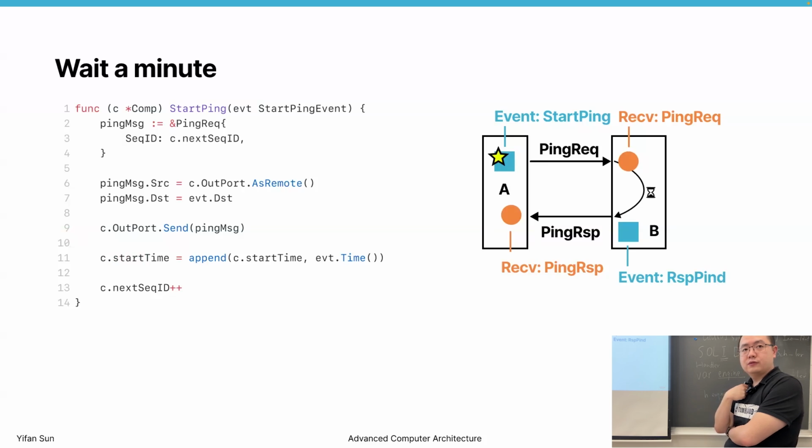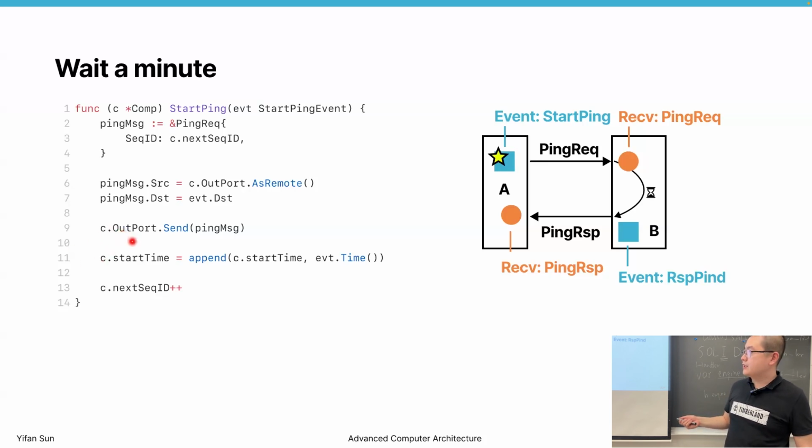Panic? No, panic is not good, because I still need to continue, right? It's so common that I try to send something, but I cannot. It's very common. I shouldn't panic. It's not something I cannot resolve.